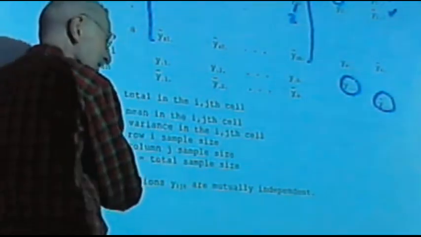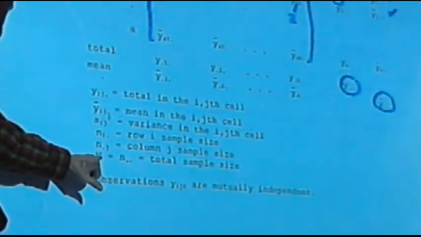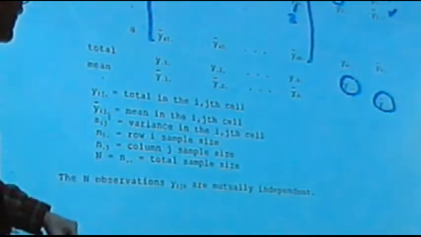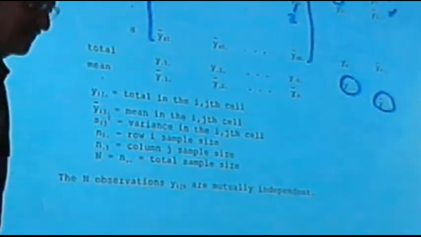So these are different in an unbalanced case, and so that's where our problem begins here. The total sample size is capital N, little n dot dot would be the right notation for it. So there's the layout of our stuff to get started on this problem.